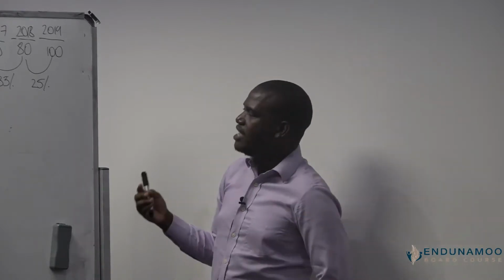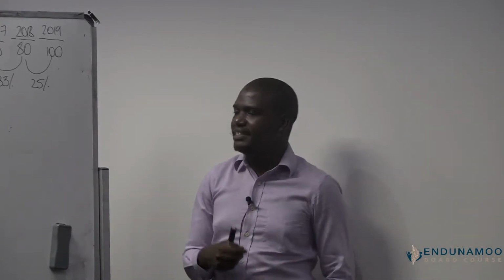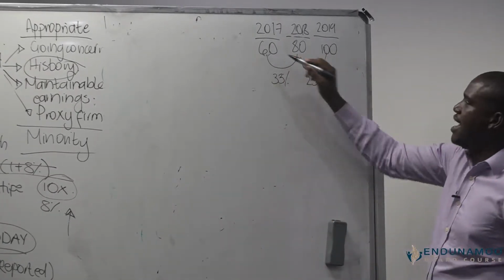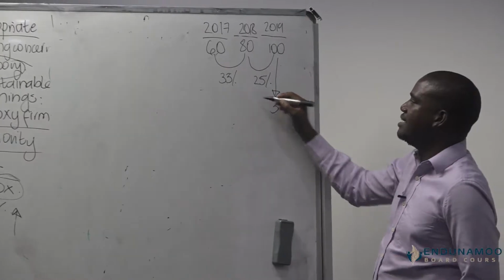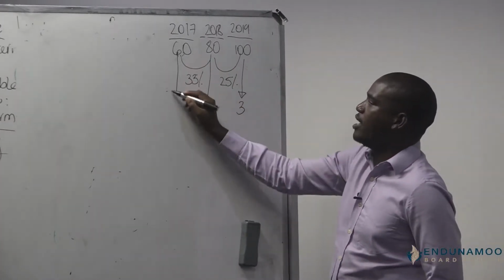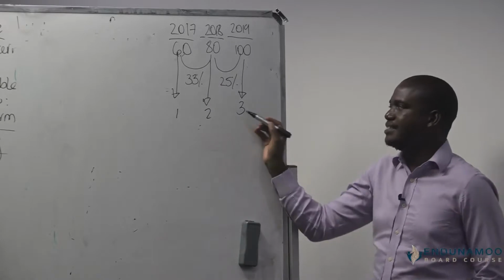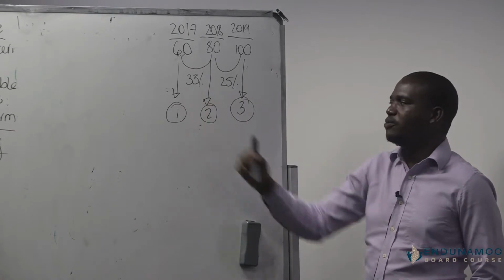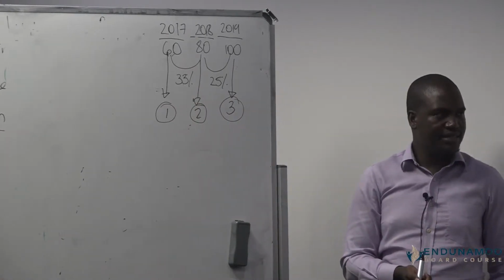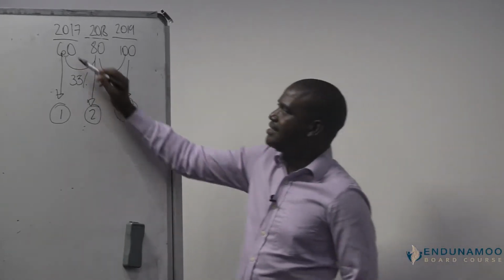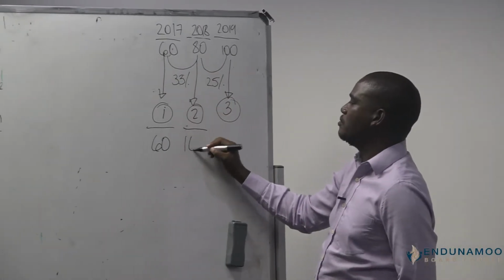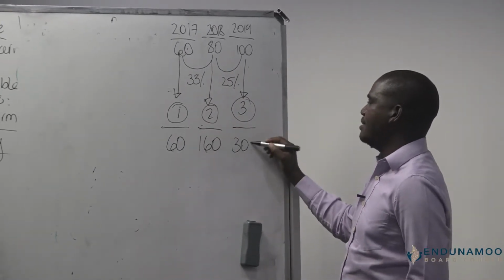The weighting says that the earnings closer to us get the greatest weighting. We've got 3 earnings, so we attach 3 to the closest, and those further out get a lower weighting. Such that 60 times 1 is 60, 80 times 2, and this is now 300.